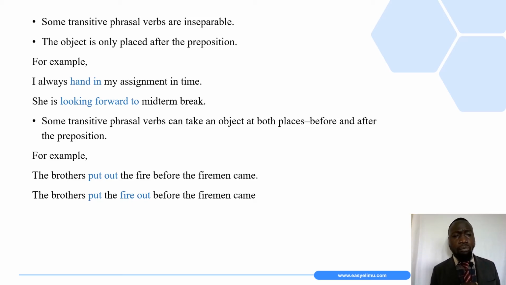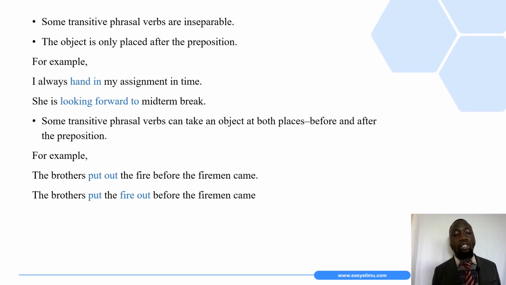Some transitive phrasal verbs can also take an object at both places, that is before and after. They can have the two rules combined. That is, they take an object before and after the preposition. For example, the brothers put out the fire before the firemen came. The phrasal verb that we have in this sentence is put out.